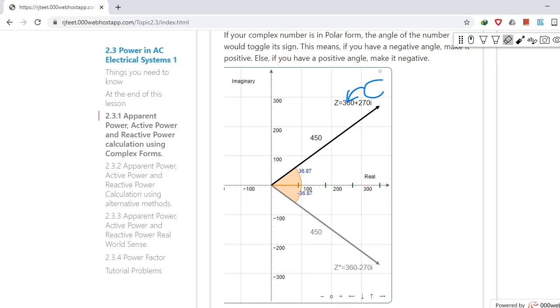This is the Cartesian form, and the same complex number I can denote using the magnitude and the angle, which we call polar form.